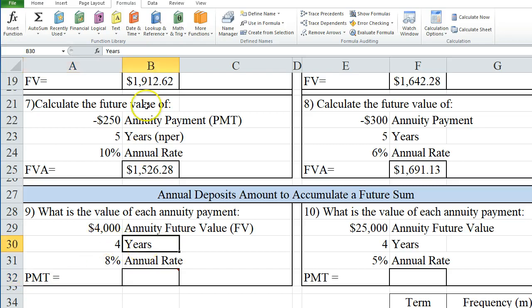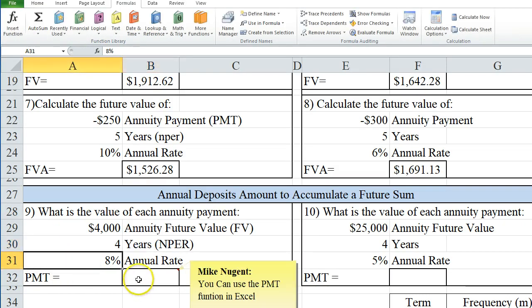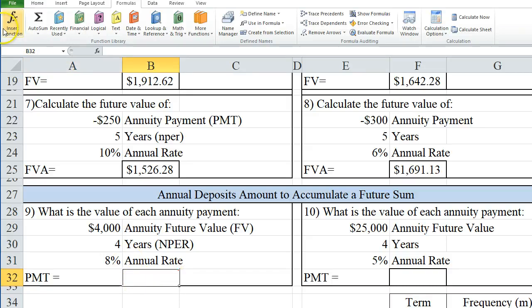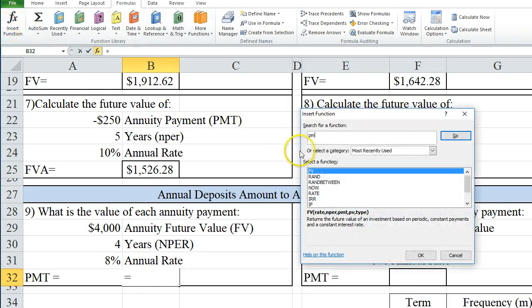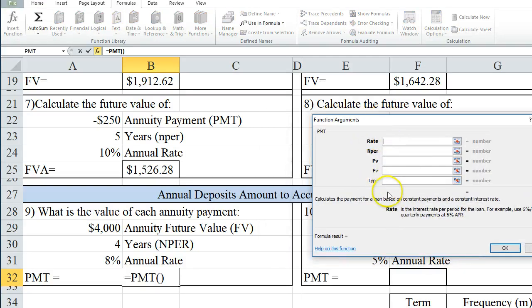In this case, because it's annual, this would be our N per, and our rate is our rate. And there's even a little message here saying use the payment function in Excel. So again, I'm going to search for payment. So I could use the PMT function, and in the PMT, what I'm solving for is PMT.